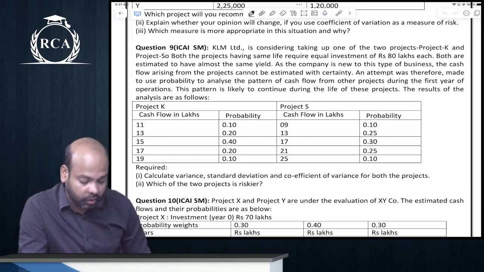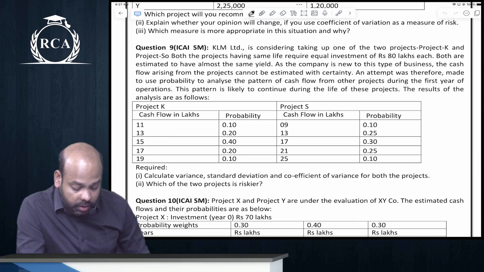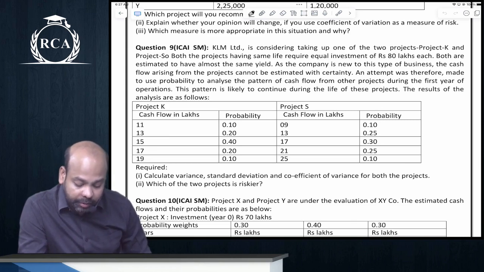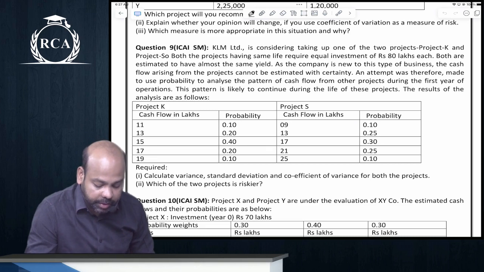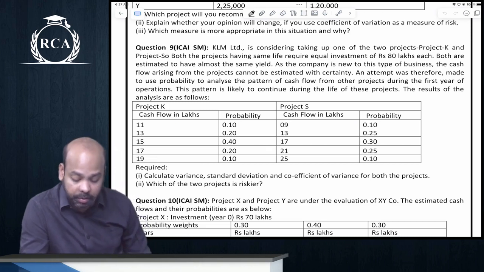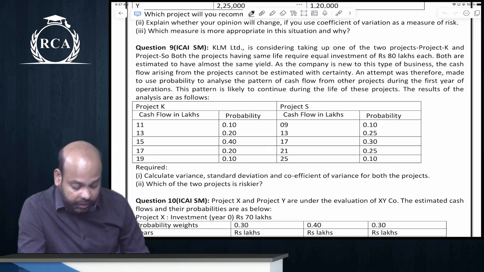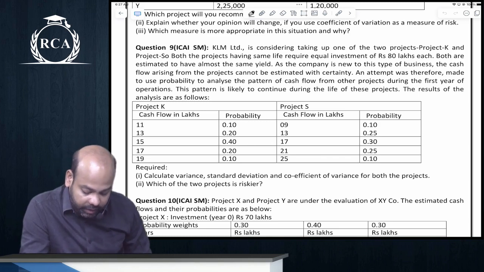Both are estimated to have almost the same yield. As the company is new to this type of business, the cash flow arising from the projects cannot be estimated with certainty. An attempt was therefore made to use probability to analyze the pattern of cash flows from other projects during the first year of operations. The pattern is likely to continue during the life of these projects. The results of the analysis are as follows.